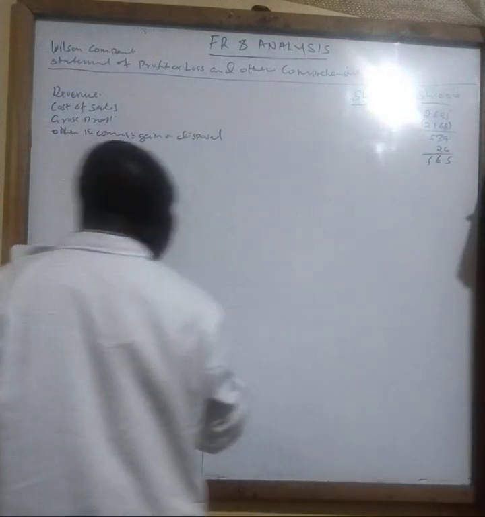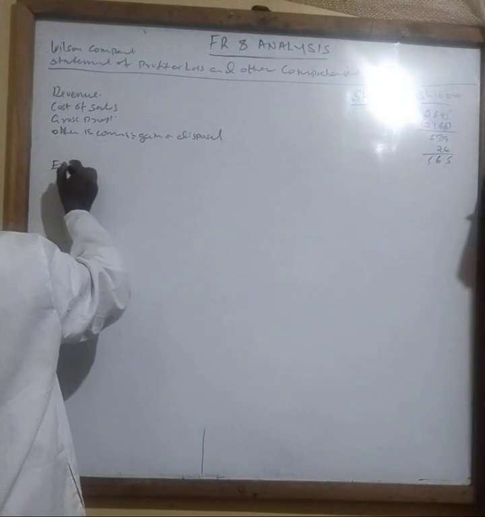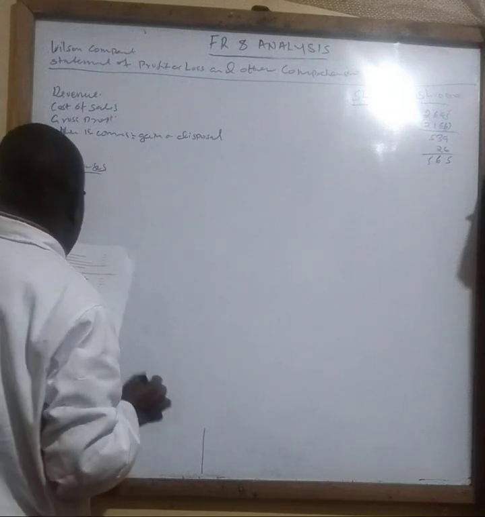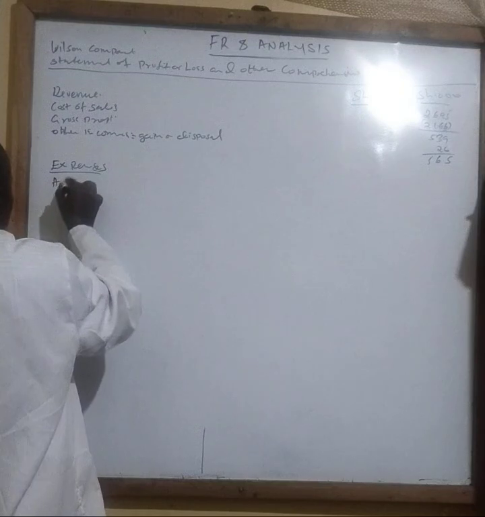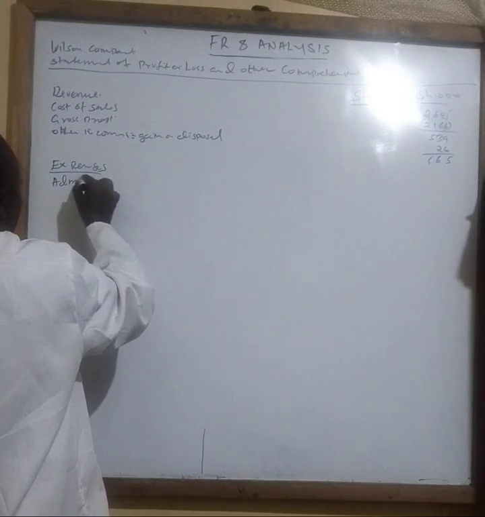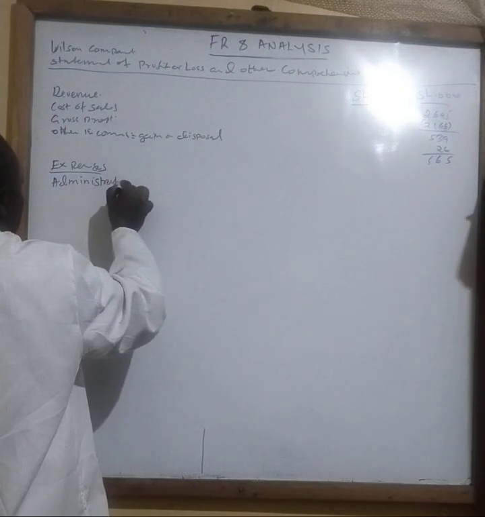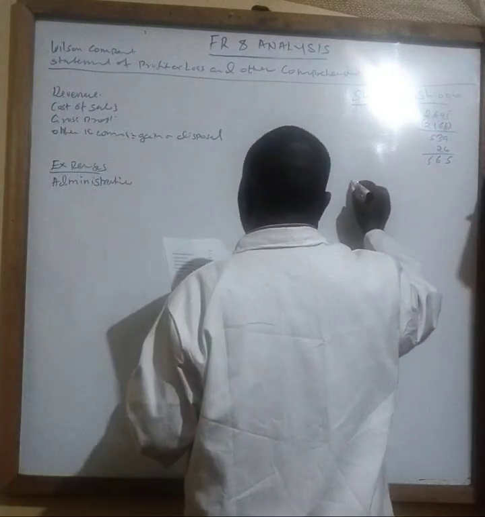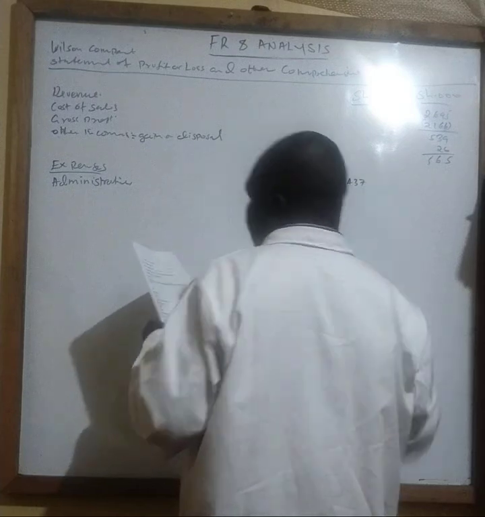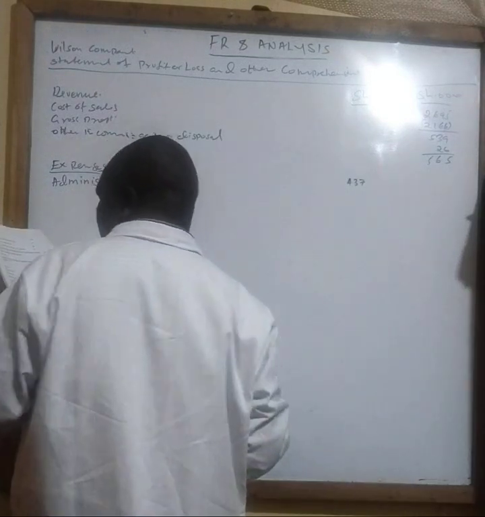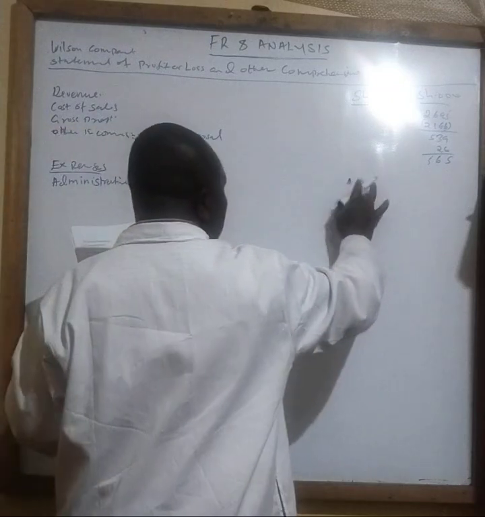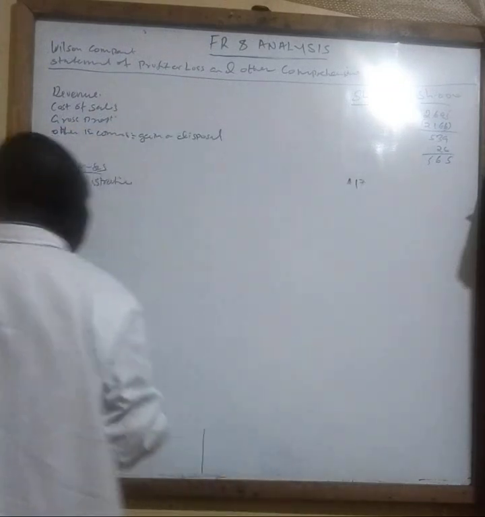Now we go to expenses. Expenses that we had: administrative expenses, the one we have just worked out, we found it to be 417.